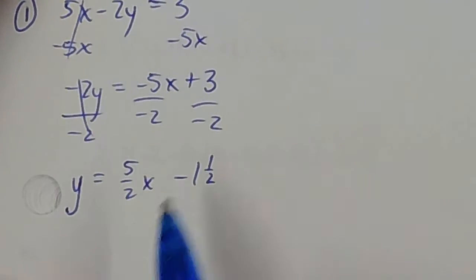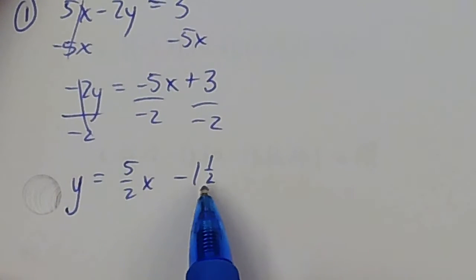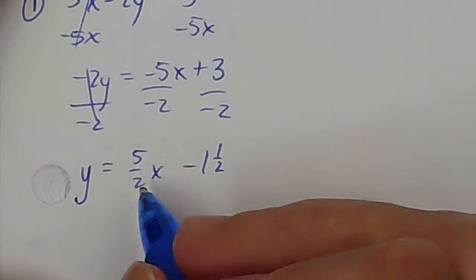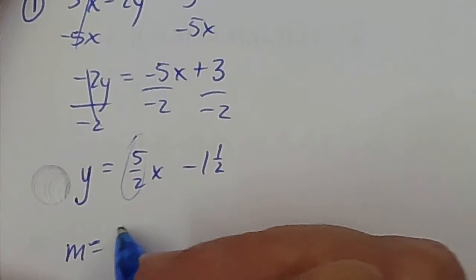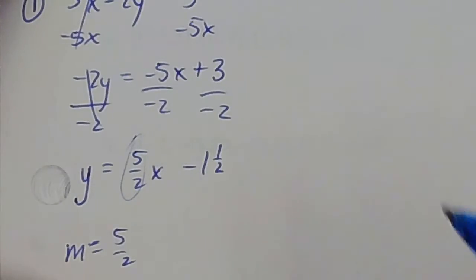All right, so that results in y equals 5/2 x minus 1.5 or minus 3/2. So now we've identified the slope of the given line. It's 5/2.